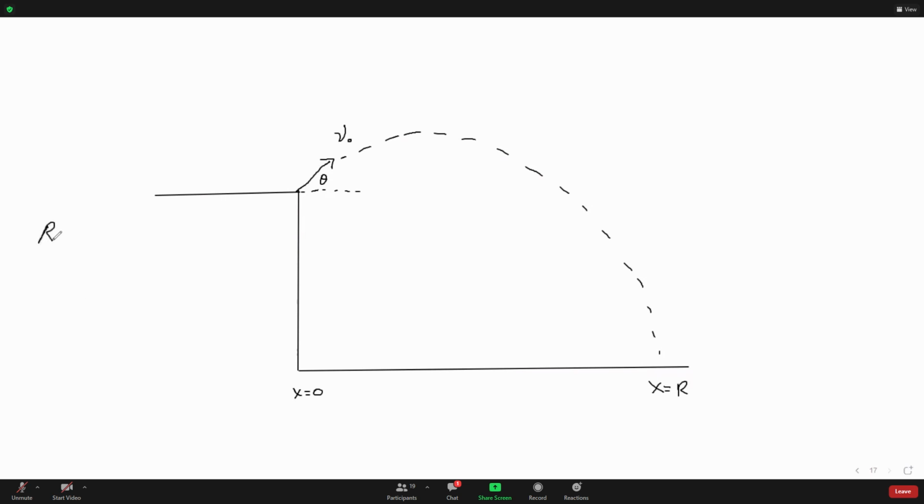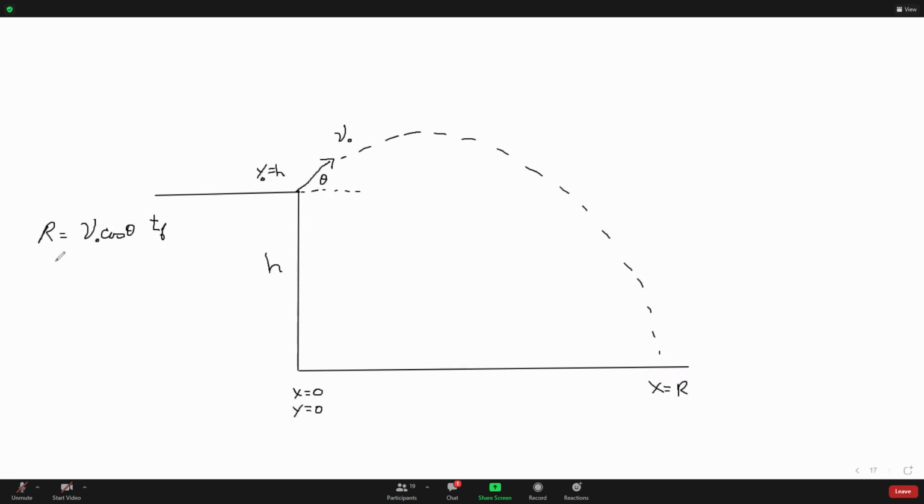The range r is equal to V0 cosine theta times the time of flight. And we'll let y0 equal h. So this cliff height is h, and this is x equals 0 and y equals 0 down here. Notice I'm not using the equation of the path that I had last time, but I could.